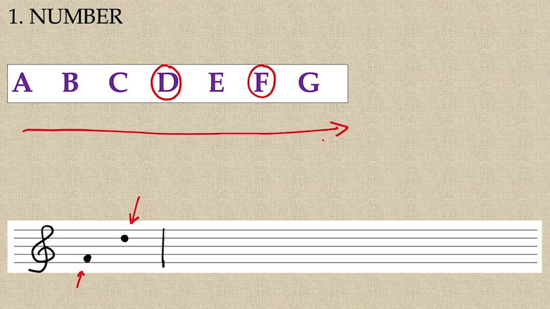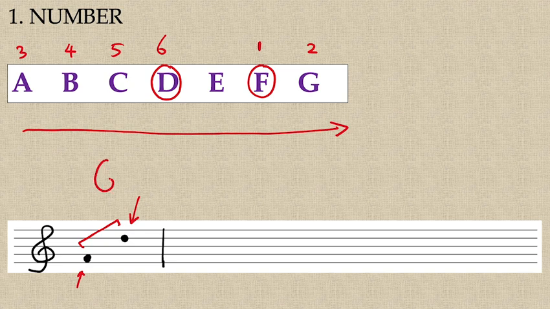So we are counting now. F would be 1, G 2, A 3, B 4, C 5, and D 6. So from F to D, the number portion of the interval is a 6.